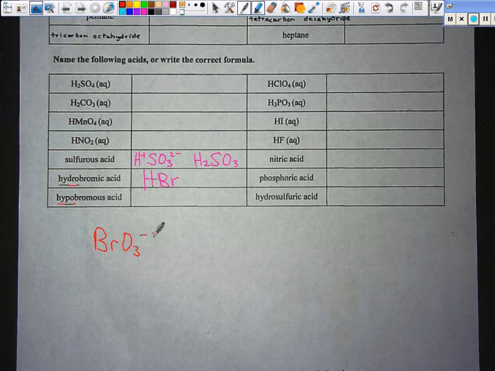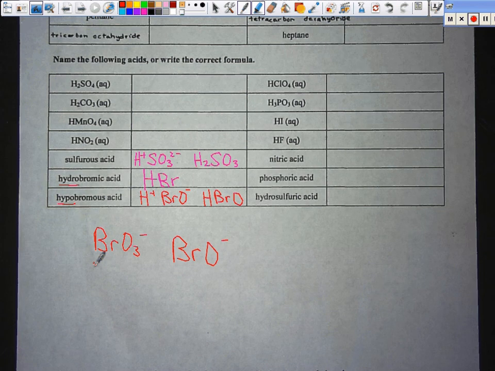All right? Nitric. Ic. Go ahead. What's the difference between hypo and hydro? If it was hydro, it'd just be HBr. But hypo, remember, is the prefix, like hypochlorite. Remember, because ous is from ite. So this polyatomic is hypobromite.